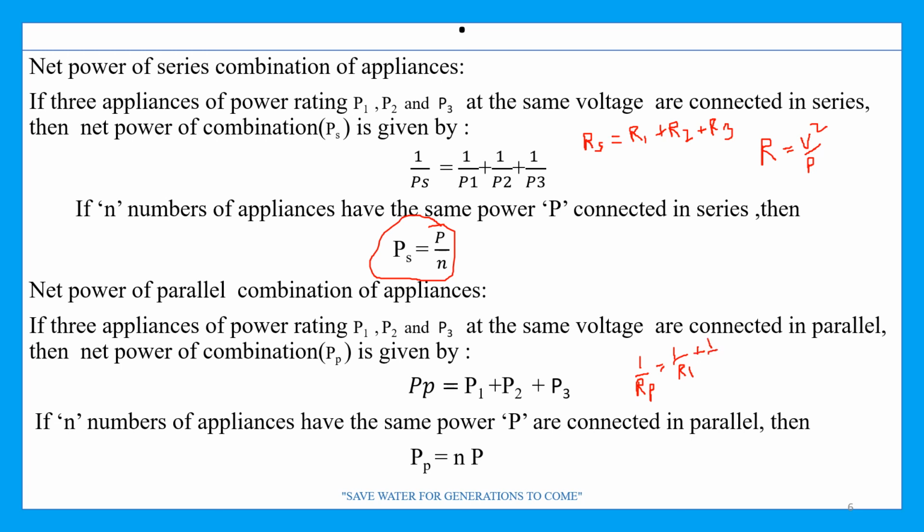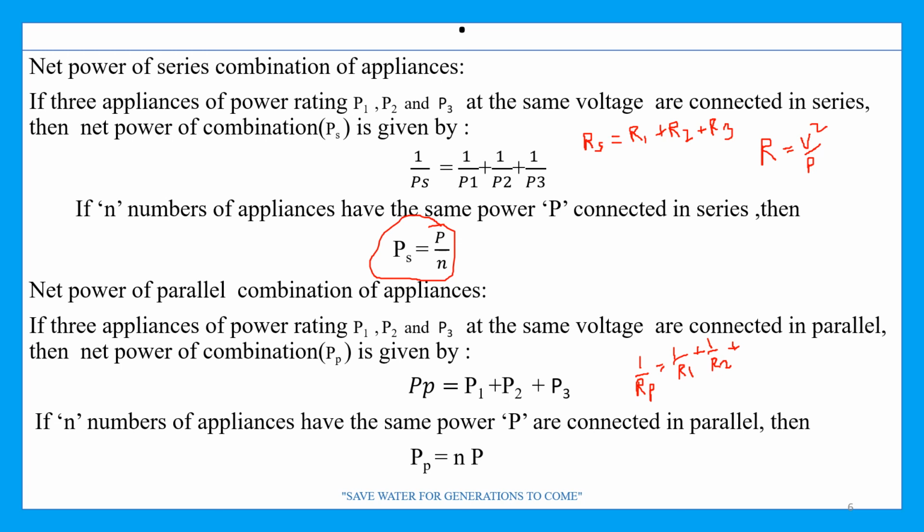In place of R it will be V square upon P, and P goes in the numerator. So we get P1 plus P2 plus P3. Just solve it and you will enjoy it. You will gain confidence also.